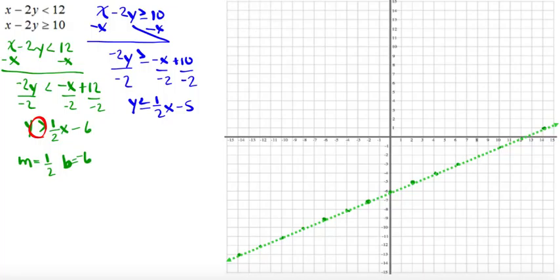Alright, I do the same thing for the blue line, so my slope here is 1/2. My y-intercept is negative 5, so when I graph, I start my graph at negative 5, and then I go up 1 to the right 2.